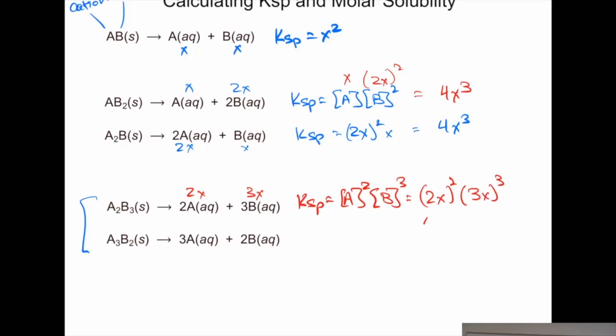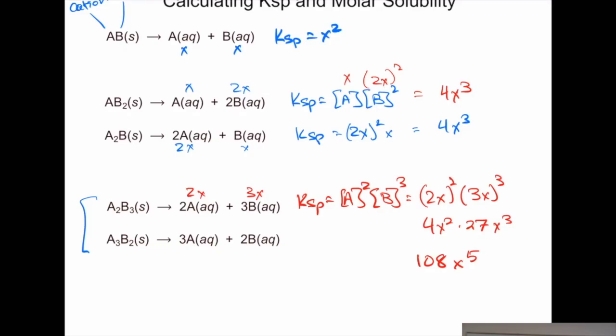That's going to be 4x squared times 27, since 3 cubed is 27, x cubed. And 27 times 4 is 108, and then that would be x to the 5th. Okay? That's how they work.